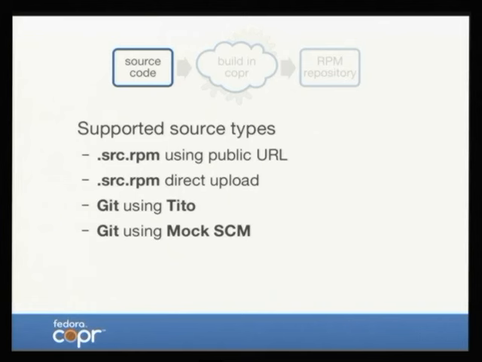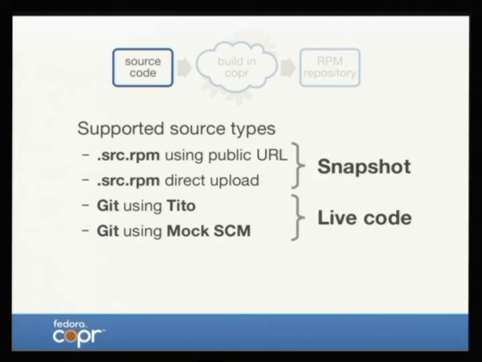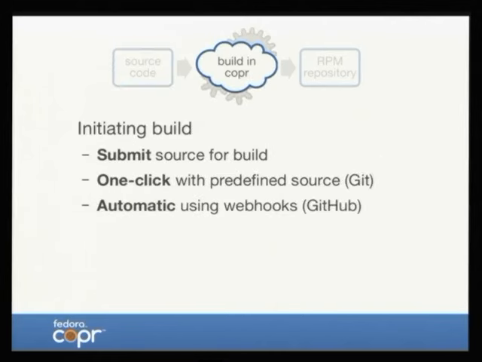So that's about source code, and there are actually two versions. One is like a snapshot, and one is live code. And if we have live code, we might be able to just store the URL to your Git and build from it directly. So that's what we did. There are 3 ways of initiating your build.